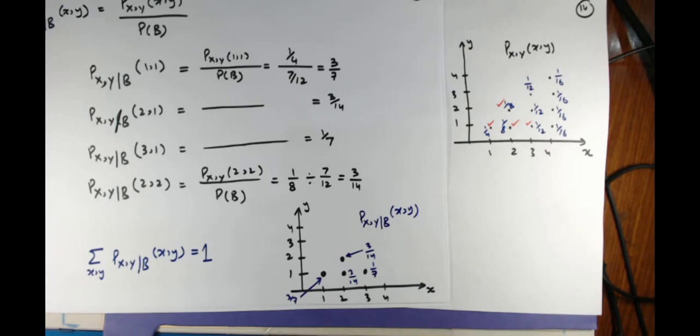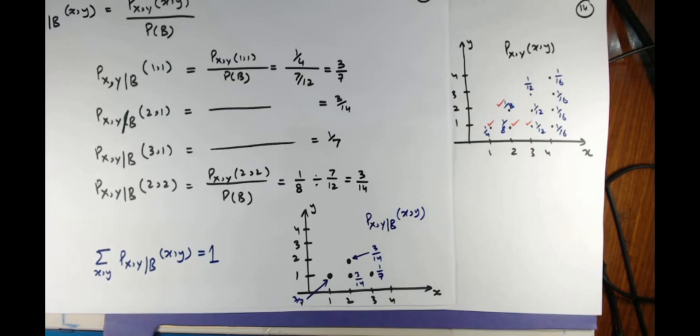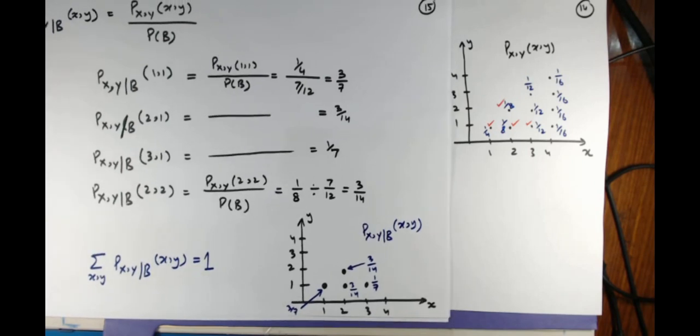We'll move on and see how we can write the expected value. You see, you have a random variable, then you have its distribution, and then you have its expectation, and then you have its variance. We have seen such concepts in the last lecture. Now we are discussing the concept of conditional PMF, and we have seen how we can calculate the conditional PMF.